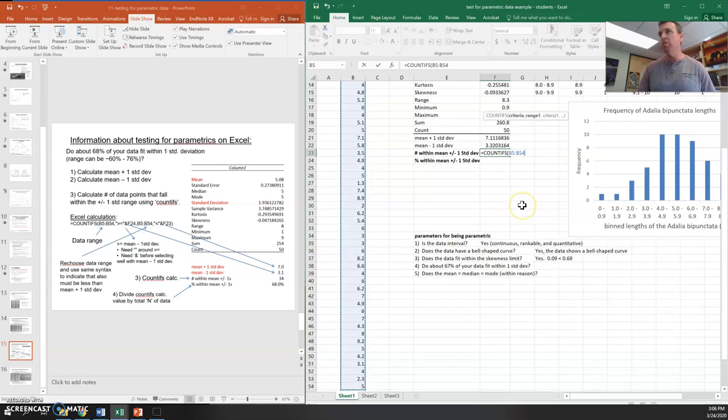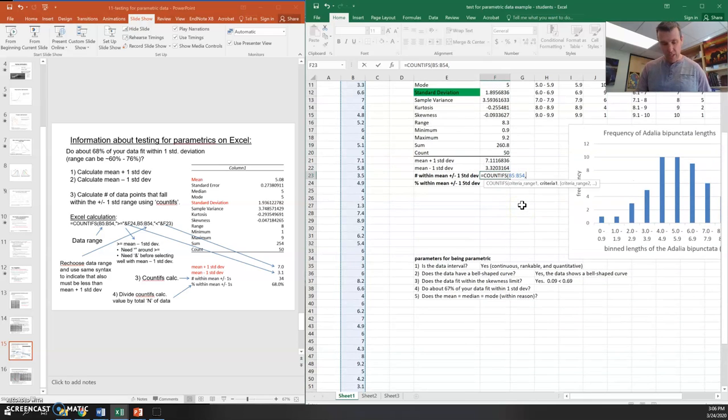All right, so there's my first criteria range, comma. And then what's the criteria? The criteria for this one is I want to count it if it's greater than or equal to. If I'm telling it something, I need to put it in quotes. Quote, greater than or equal to, end quotes. I want to count if it's greater than or equal to.